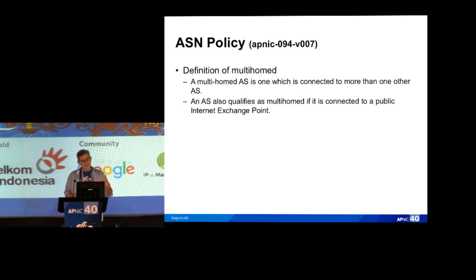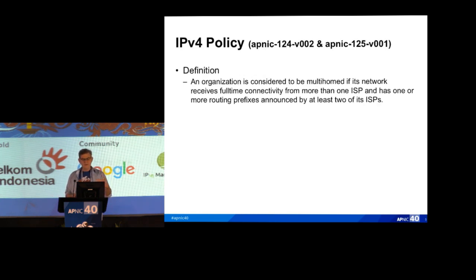So in IPv4 policy, which was actually already split in 2, and it's a long story, the definition was quite a bit different. An organisation is considered to be multi-homed if its network receives full-time connectivity from more than one ISP and has one or more routing prefix announced by at least 2 of its ISPs.